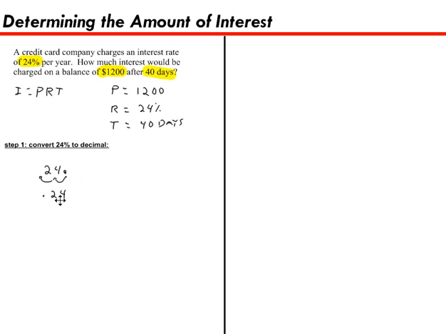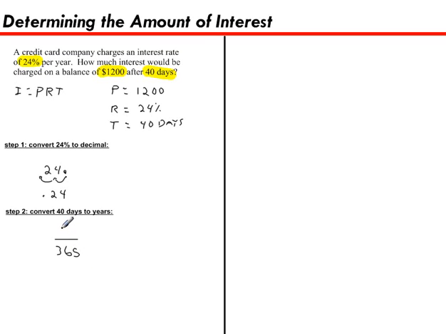Now that I've converted my rate to decimal, I can move on to the next step where I convert time into years. Let's try that now. In order to convert days to years, I need to divide my given number by the number of days there are in a year. Now quick, how many days are there in a year? If you said 365, give yourself a pat on the back.